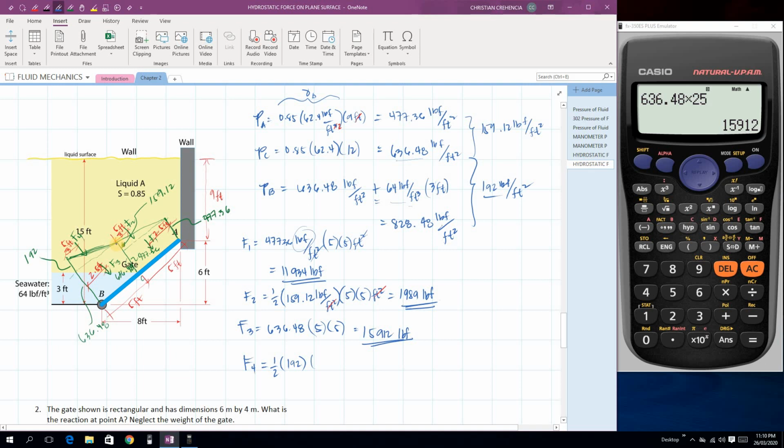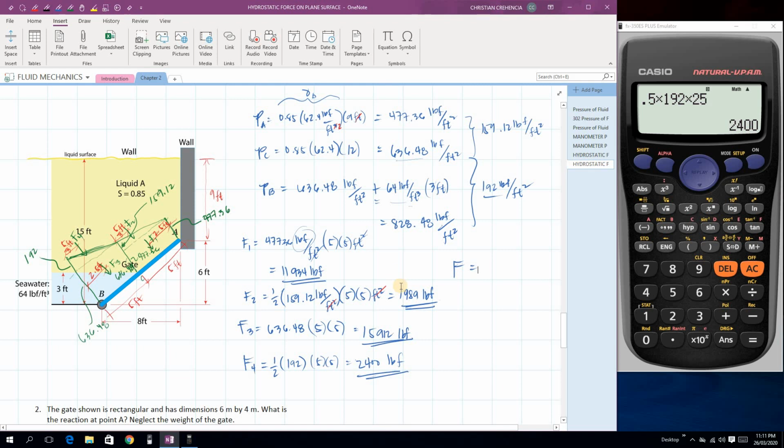Then, yung width natin, perpendicular sa screen is 5 pa rin. So, 5 by 5. So, 0.5 times 192 times 25. So, meron tayong 2,400 pound force.